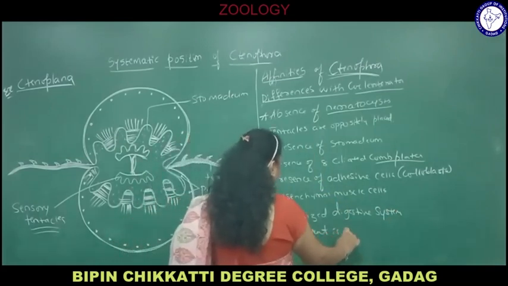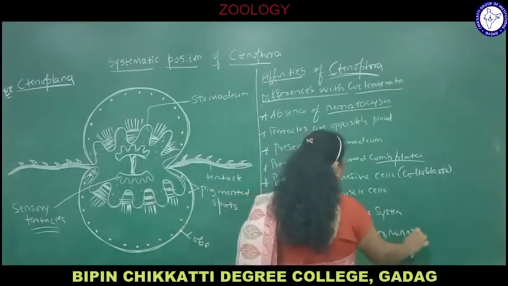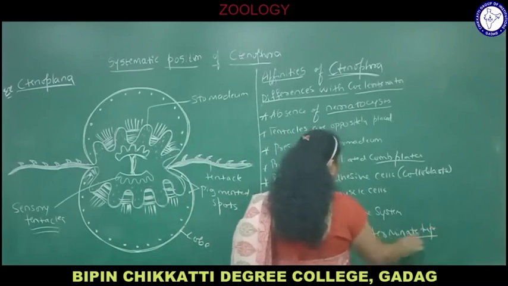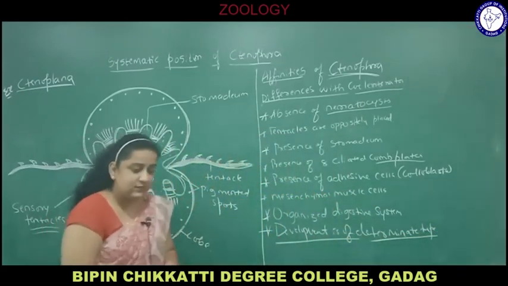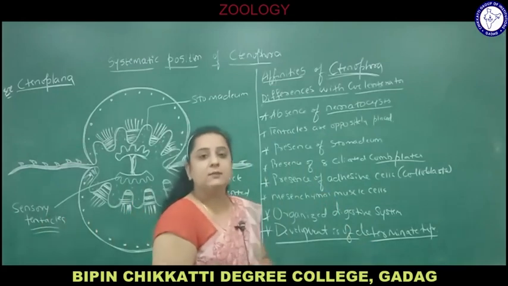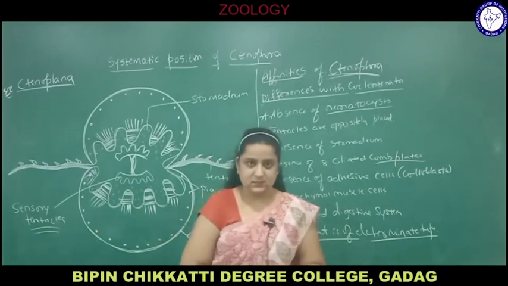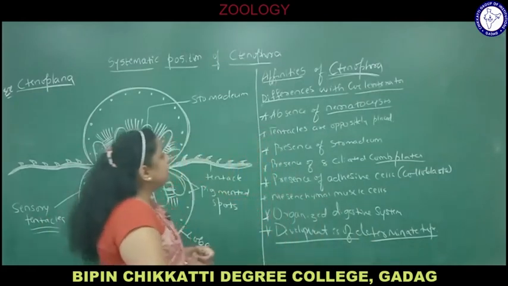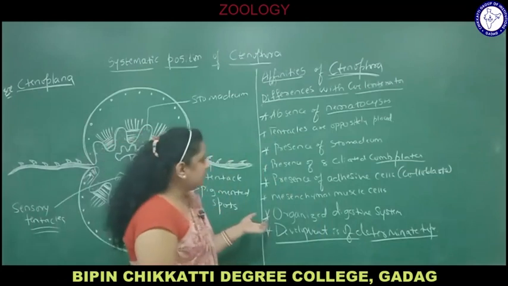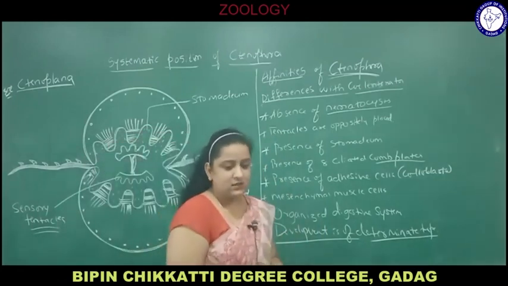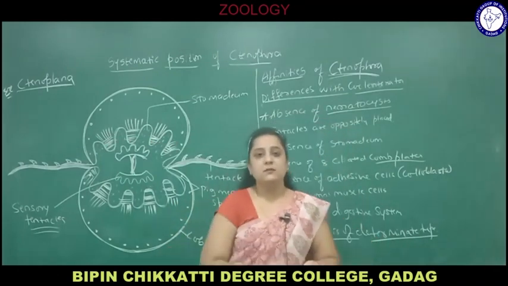We are seeing the fertilization, how it takes place, and development is indirect by larval stage. Larva called Cydippid larva is present. So this is all about the affinities and differences with Coelenterata. So here completes the chapter called phylum Ctenophora.